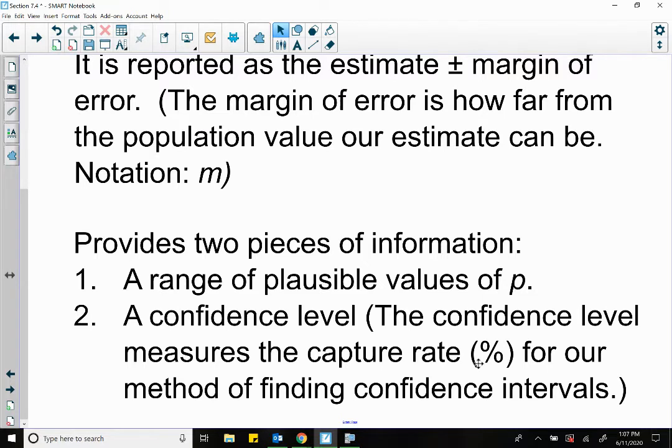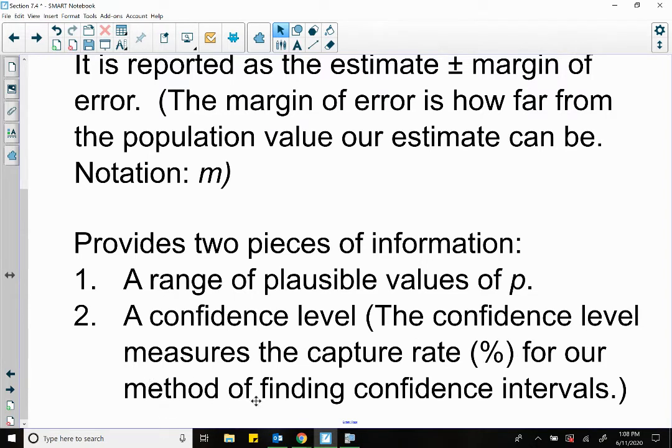Most confidence intervals you're going to run are going to be with a 95% confidence level. Okay? So again, that confidence level measures the capture rate for our method of finding the confidence intervals. More on this in a couple seconds. Again, the confidence level measures the capture rate, which is a percentage, for our method.